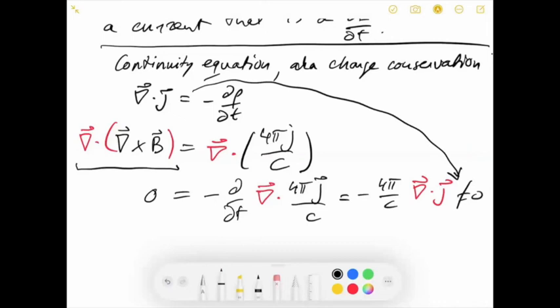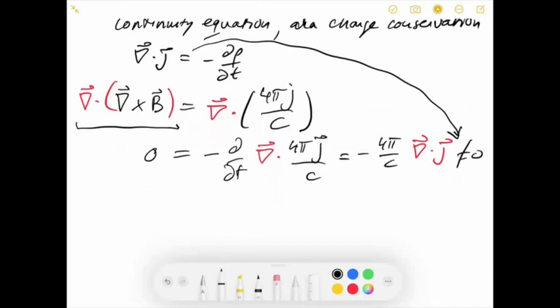So how do we fix that? Well, we fix that by inserting a term that, once added to Ampère-Maxwell, is going to make sure that we have a dρ/dt here. How do we do that?